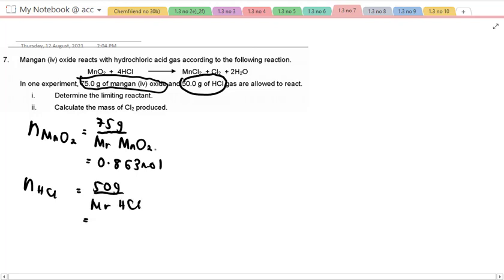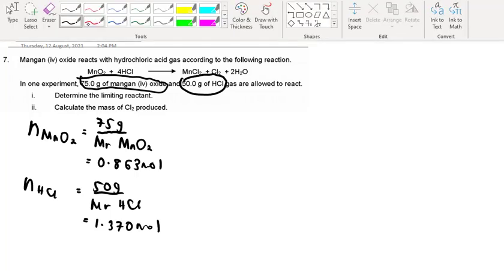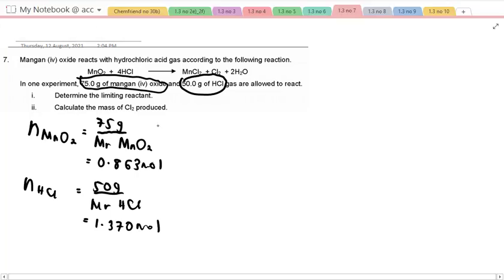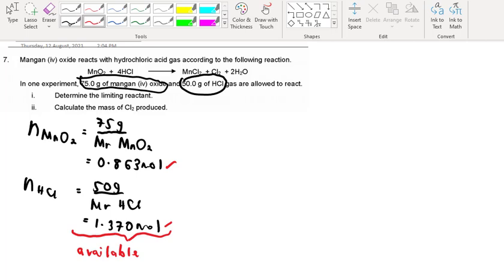So the answer for HCl is 1.37 mole. So what mole is this? This is mole provided, or available mole, the amount given originally at the start.